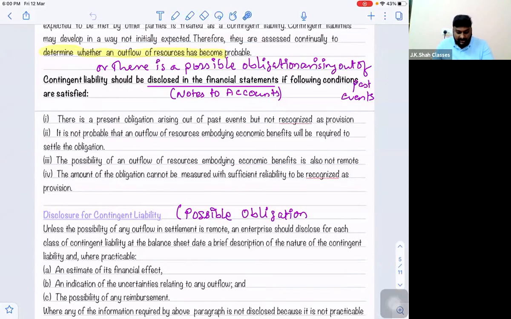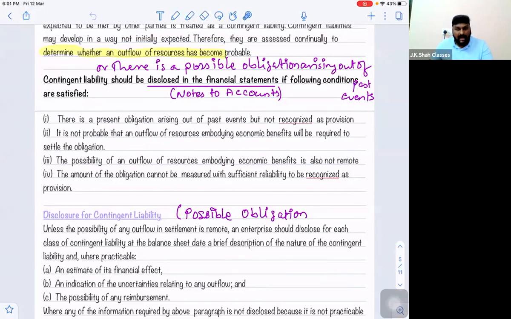Then what is the second point? It is not probable that an outflow of resources embodying economic benefits will be required to settle the obligation. Third point, the possibility of an outflow of resources embodying economic benefit is also not remote. So it is not remote, not probable. So it is in between, it is possible.